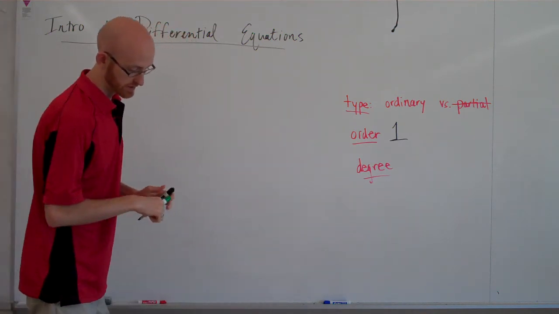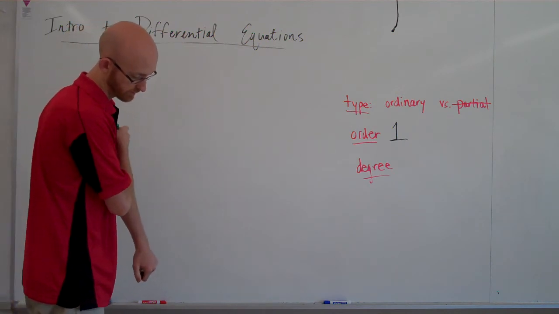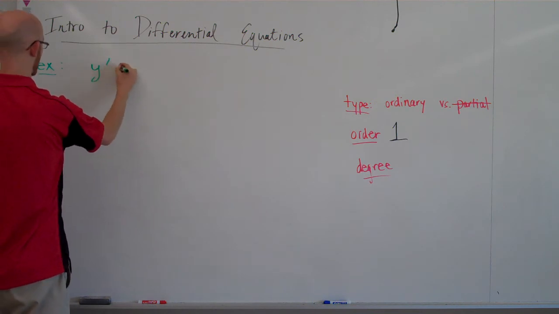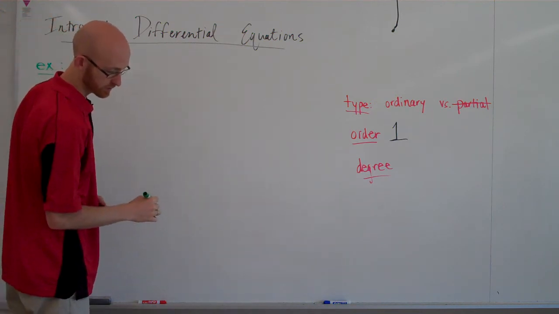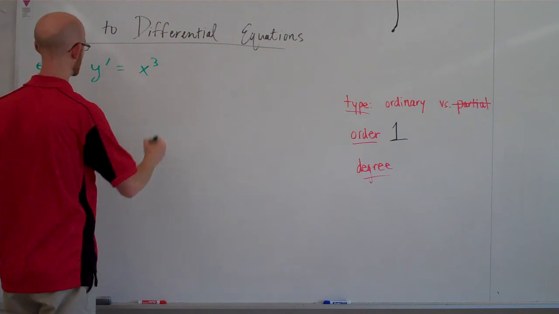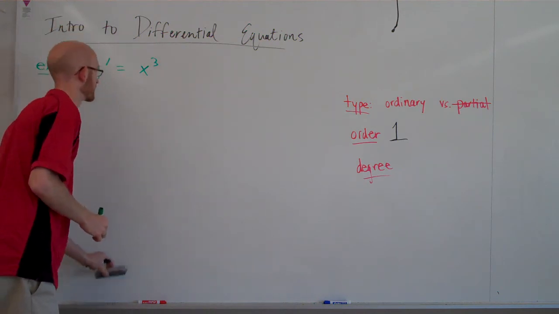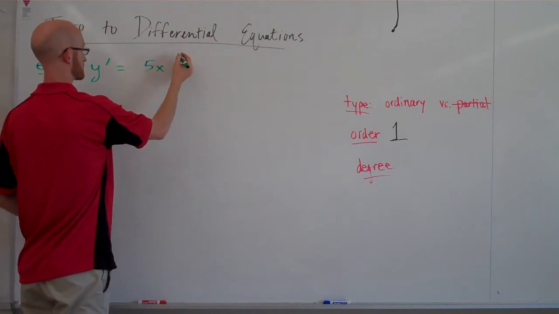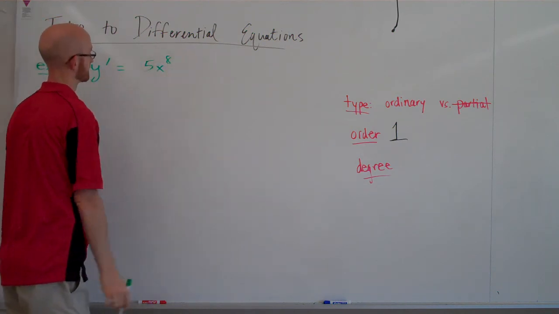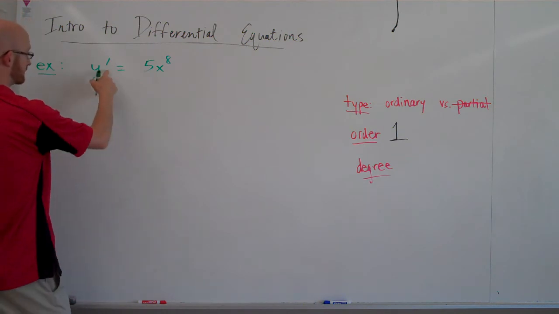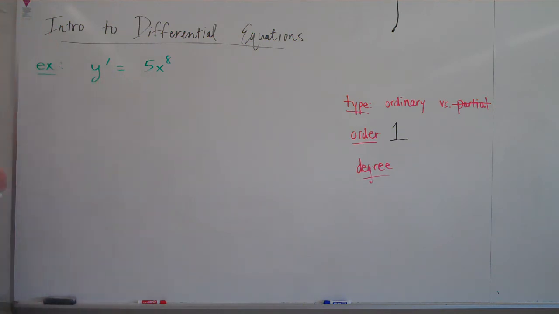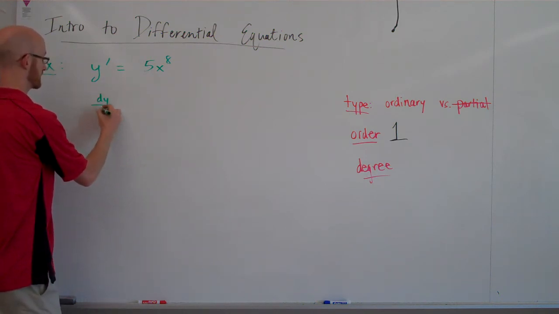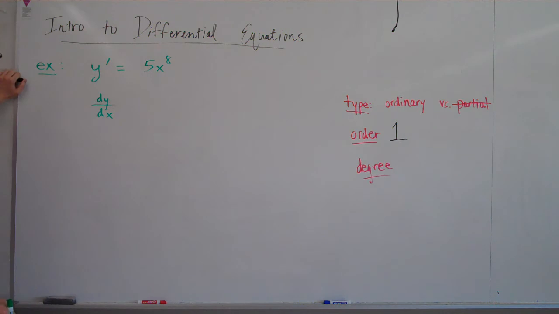Okay, so let me put up a simple first order differential equation. y prime equals x cubed. That's actually one that's in the book. Let's do 5x to the 8th. Okay, if that's the first derivative, y prime, you can think of this as dy dx, right?